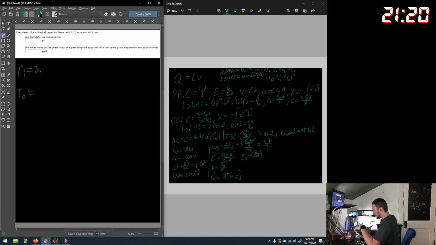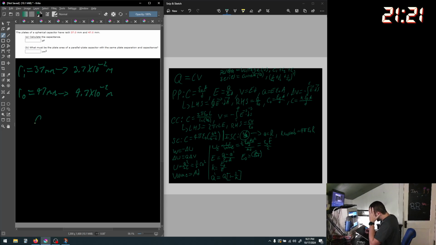Inner is 37 millimeter. Outer is 47 millimeter, which I convert to meters. I want it in picofarad anyway. Bah, I hate picofarad. This is going to be 3.7 times 10 to the negative 2 meter. This is going to be 4.7 times 10 to the negative 2 meter.